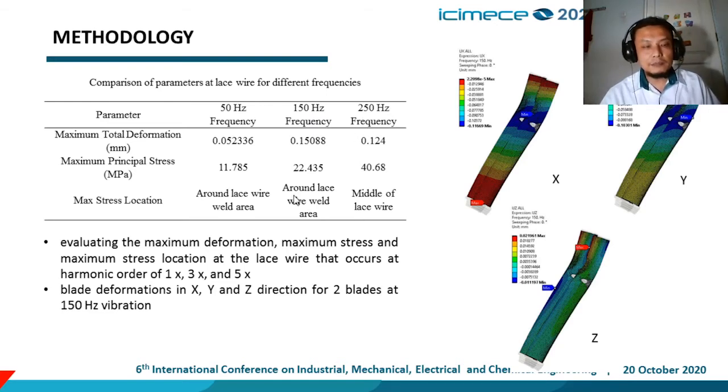The maximum principal stress in MPa, the location is around the lashing wire width area, in the middle of the lashing wire. So we choose 150 because this maximum principal stress is around the lashing wire width area, which is here. Evaluating the maximum deformation, X, Y, and Z direction for 2 blades at 150 Hertz vibration.